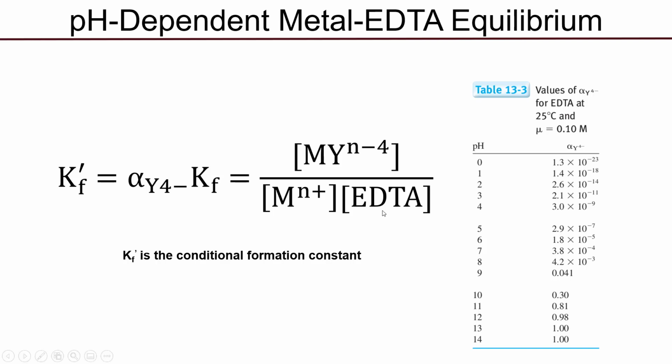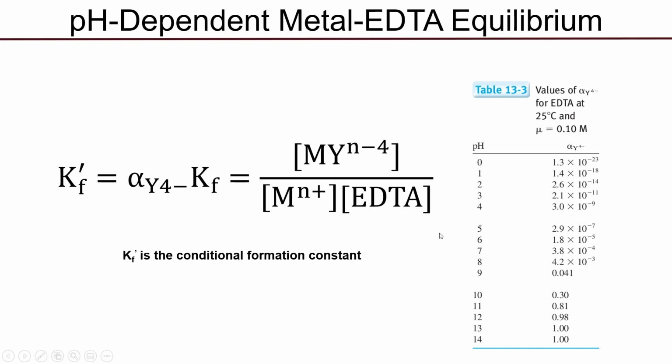And so the way you calculate the conditional formation constant is to get your Kf value from table 12.1 in Harris and get your alpha value for the Y4- form from table 12.3 in Harris, which shows you the different values of alpha for EDTA depending on the pH.